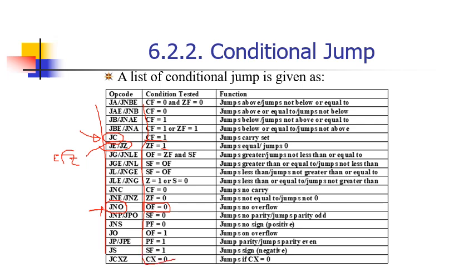Okay, except for this one, which is CX, because CX is the counter register, so you can do the jump after executing a portion of your code several times, 3-4 times. This number 3 or 4 is usually stored in CX. So every time you have to check your CX. If it is 0, you jump. If it's not, you don't jump.